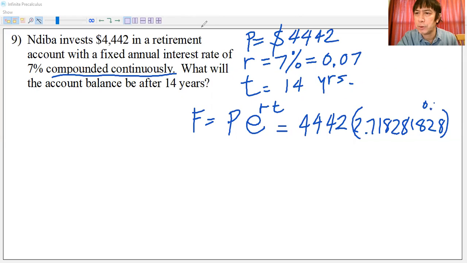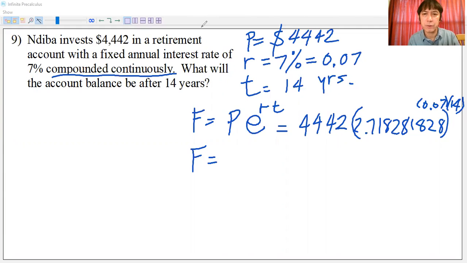So just use your calculator here: 4442 times E raised to the product of 0.07 and 14 years.